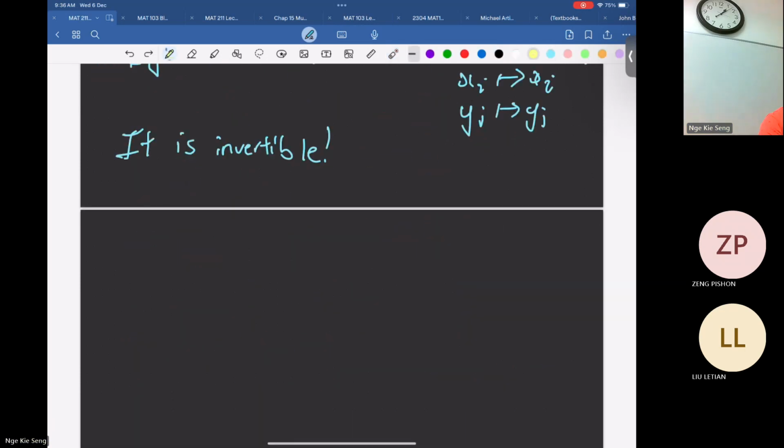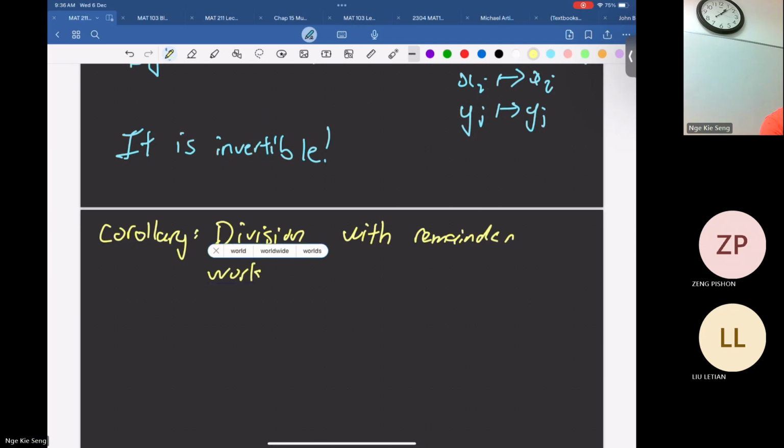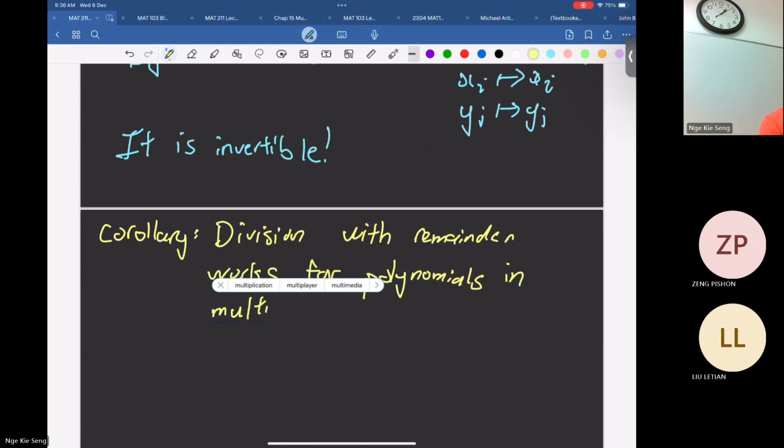So the corollary here is that division with remainder works for polynomials in multiple variables, or two variables.